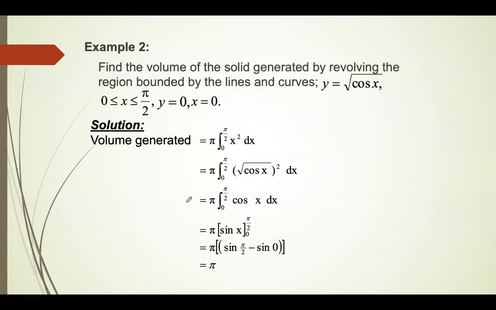Okay. Same goes for this example. But right now, your y is equal to the square root of cos x. So the square of the square root of cos x is just cos x. Then you integrate it to become sine from 0 to pi over 2. So this one's pretty simple.